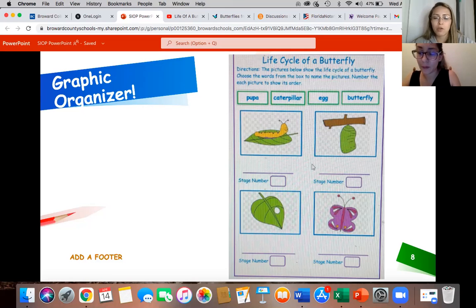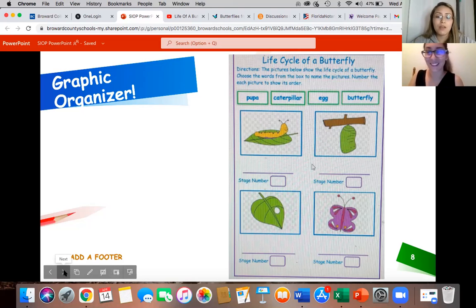The stage number 3. Beautiful. So we'll write stage number 3, and we'll go to the last picture. And we all know this is a butterfly. So we'll write the word butterfly. And what stage number do we think this is now? Stage 4. Good job, everyone.